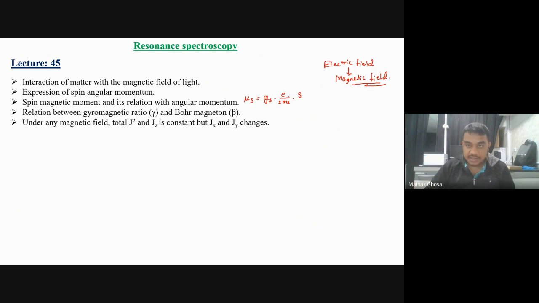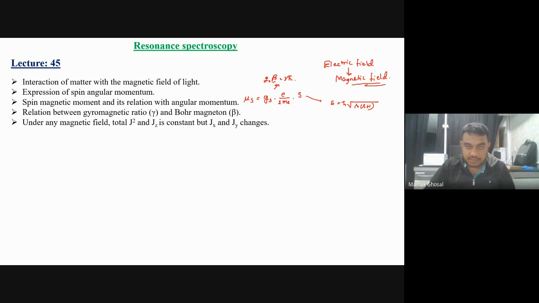Okay, so S is given by h cross times the root of s into s plus 1, where s is the spin. And this was also modified in terms of the Bohr magneton and the gyromagnetic ratio gamma, so that g0 beta will be gamma h cross.